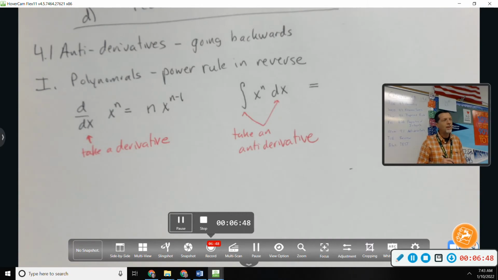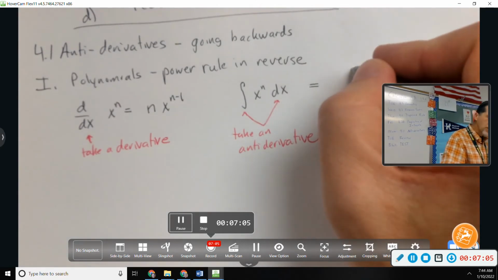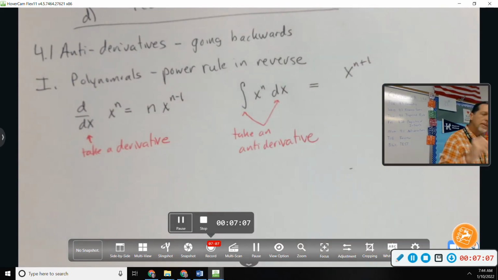All right, anybody want to take a stab at this one? How do I take the antiderivative? x to the n is sitting there. What's the power going to be? n plus 1. So I know the power is going to be n plus 1. I got to go up a power.